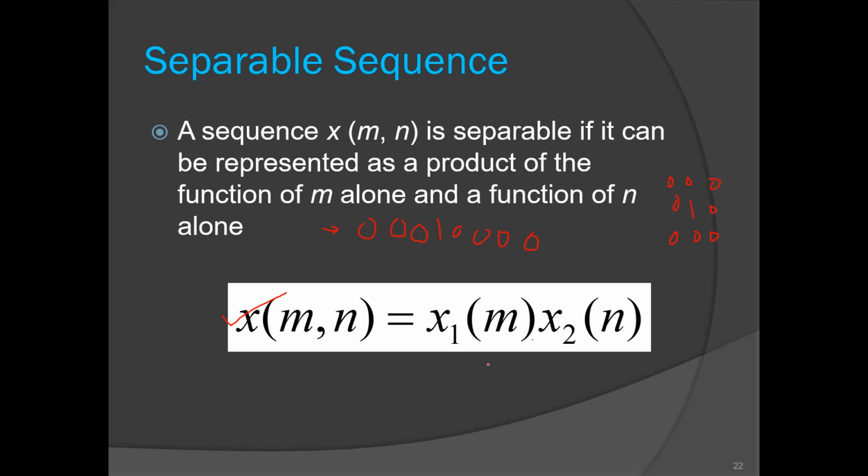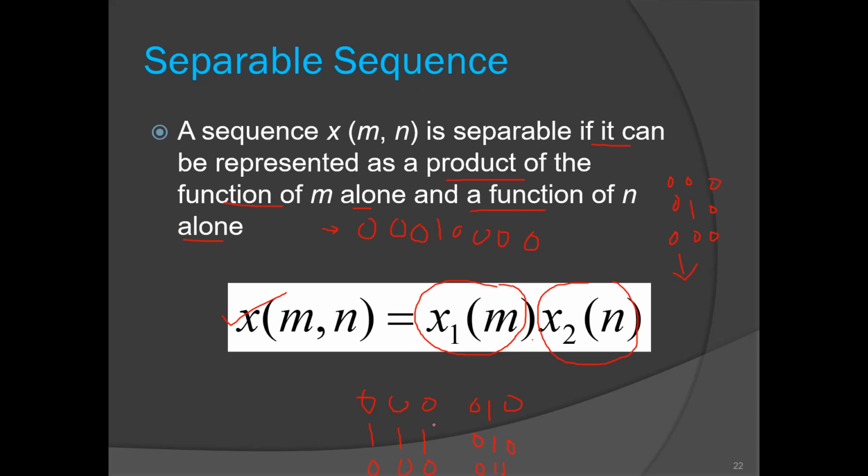Now this property says that it is separable if it can be represented as the product of a function of m alone and a function of n alone. So how is this sequence separable? If I consider only the first component, it will be like this: 1 along that particular row, multiplied by the second component, which is 1 along the corresponding column.